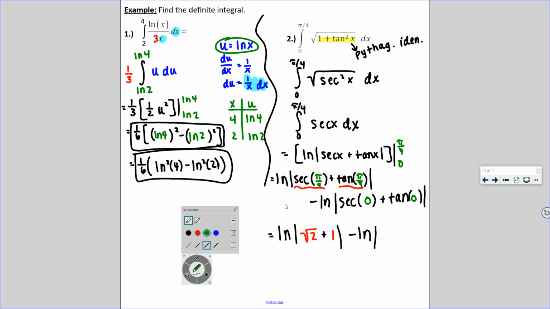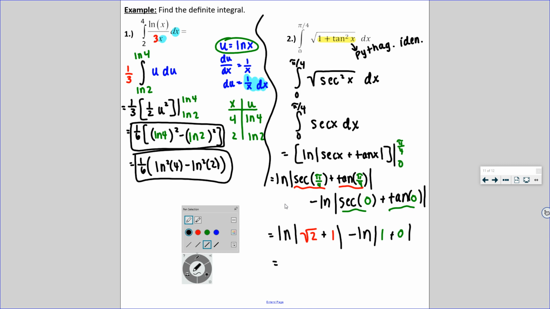Secant of 0? Cosine's reciprocal. Cosine is 1. 1. Plus tangent of 0 is 0. Okay.